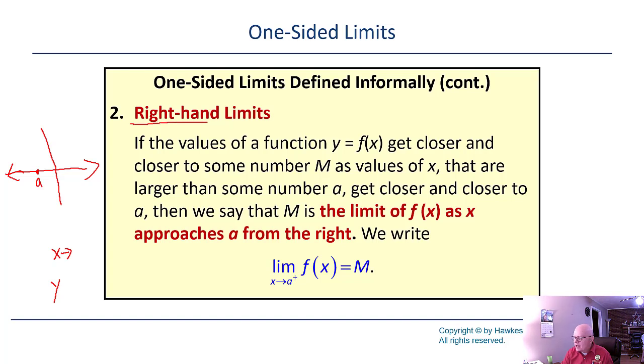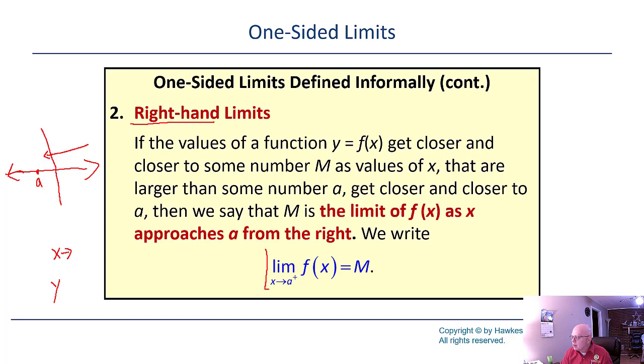If it's a right-hand limit, that means we're coming from this direction, and we're looking to see what the function value is when we get close to x values that are almost a. As you sneak up on this x equals a, where is the y value?